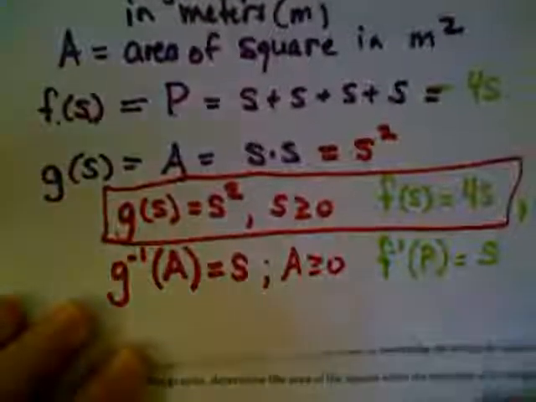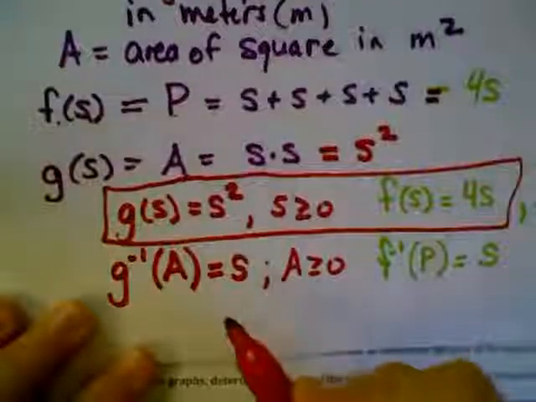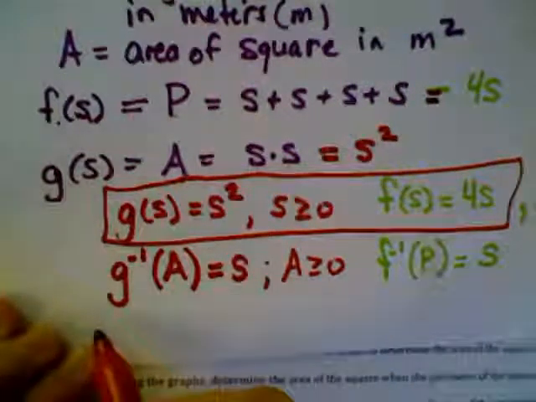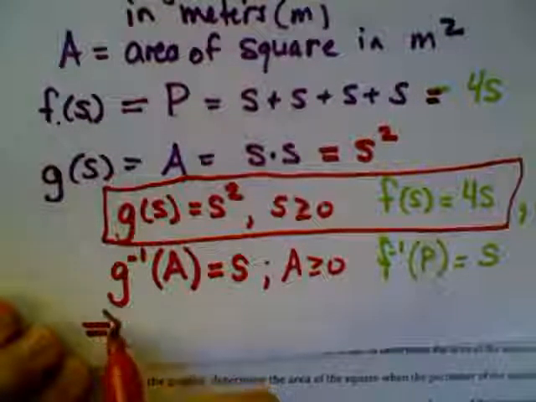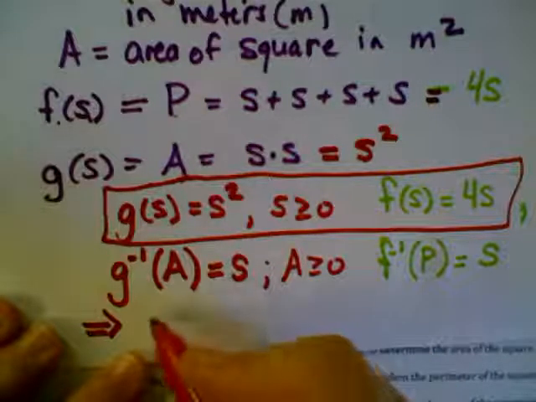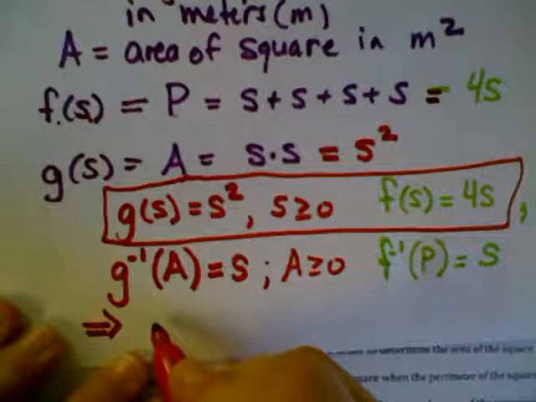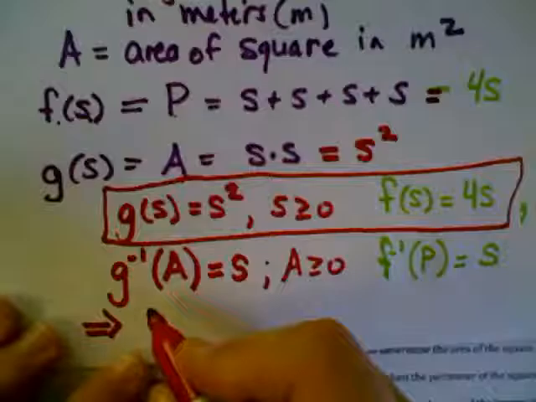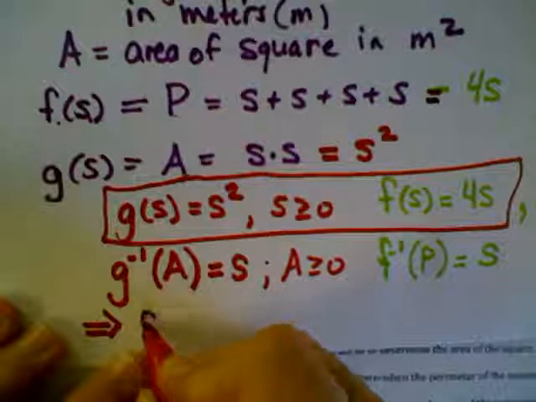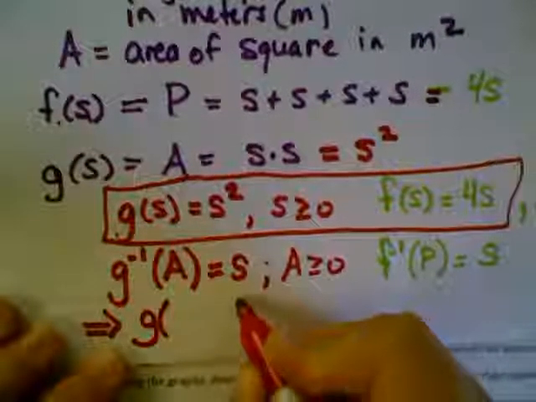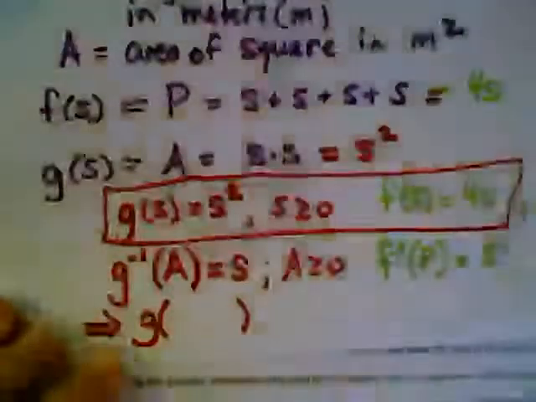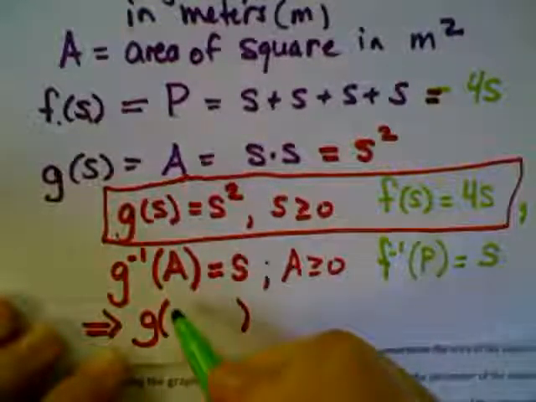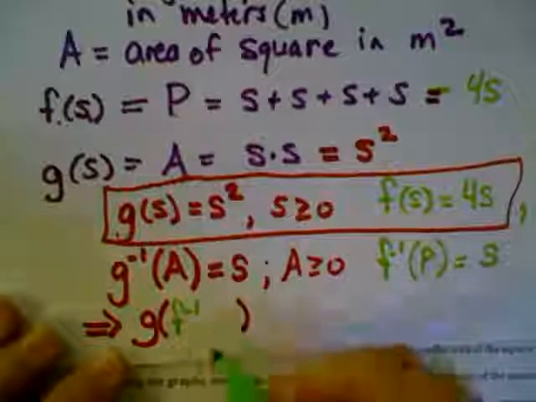I'm being pretty abstract now, but I'll get more concrete with the graph. Because what I wanted to show here is that g must be composed with a function whose output would be s.